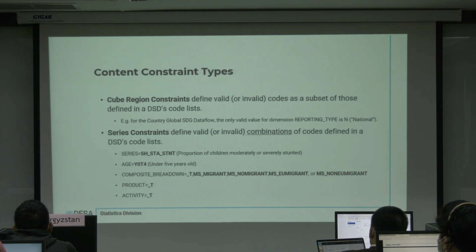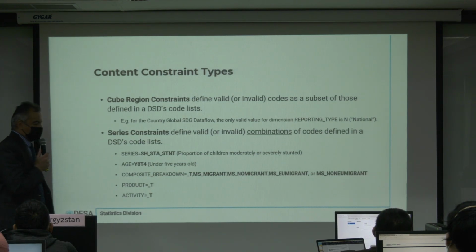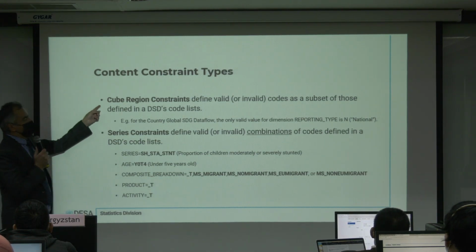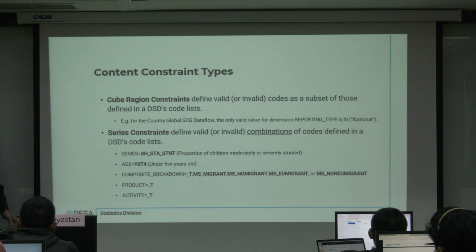If you try to report global data against the country data flow, and by global data I mean data coming from the SDG custodian agencies, it will be rejected. So that's a cube region constraint.